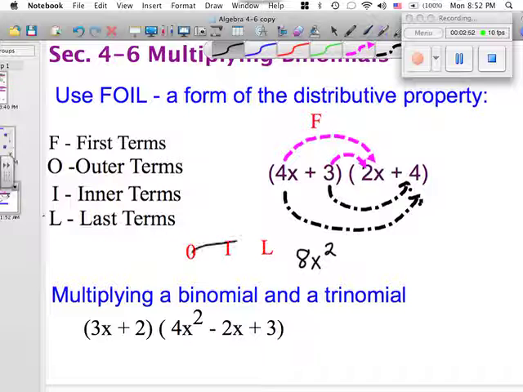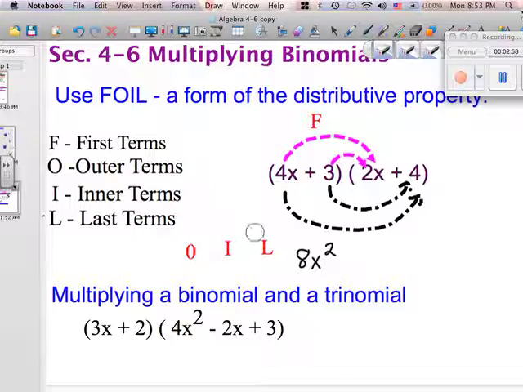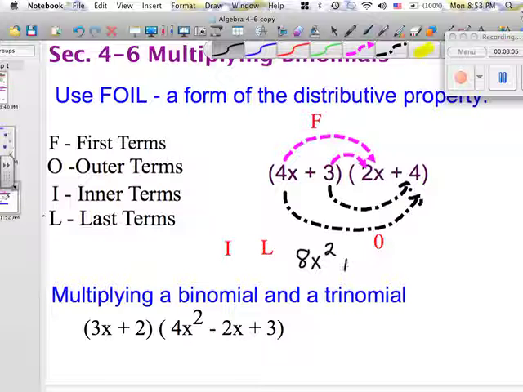So that would be 16x, and then we're going to multiply the inner terms.